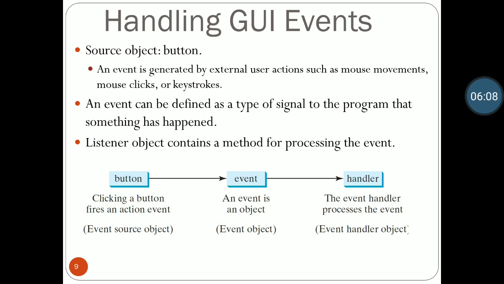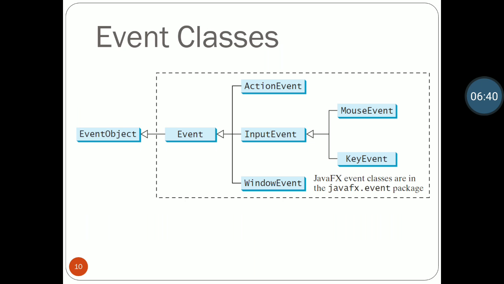A listener object contains a method for processing the event. Here, if we are clicking the button, then it will make an event, and the event is an object. That event should have a handler. Means after clicking that button, some menu or something is going to show you, that is a handler. Means the button will generate an event, and that event we have to handle by a handler.